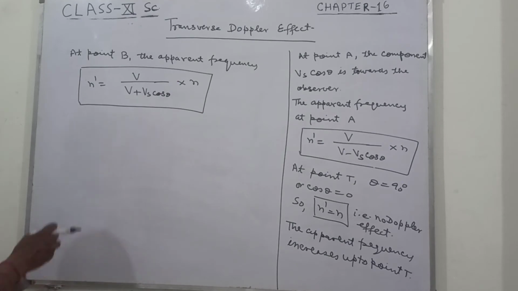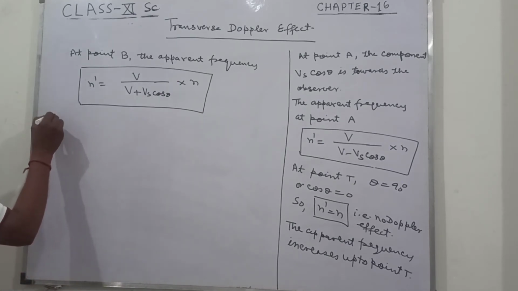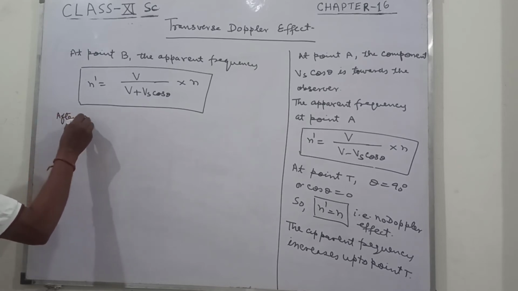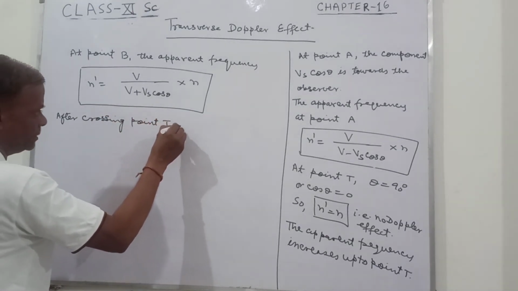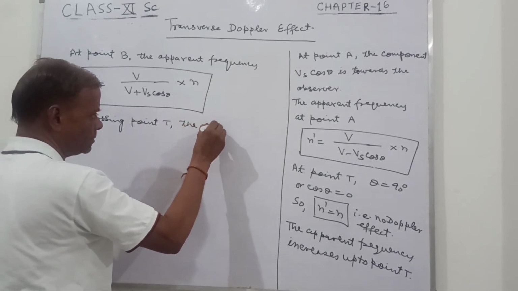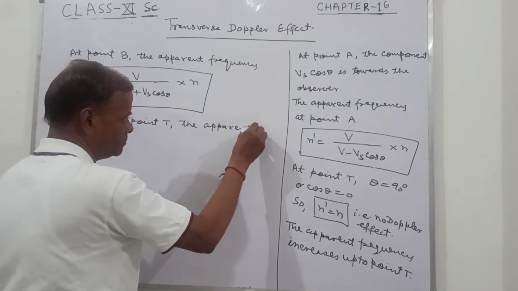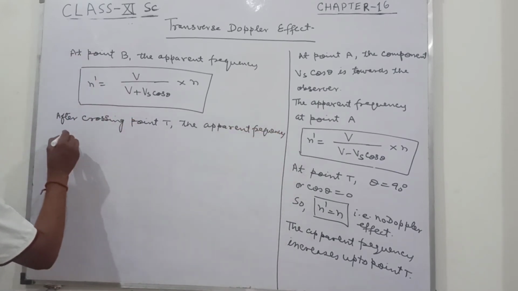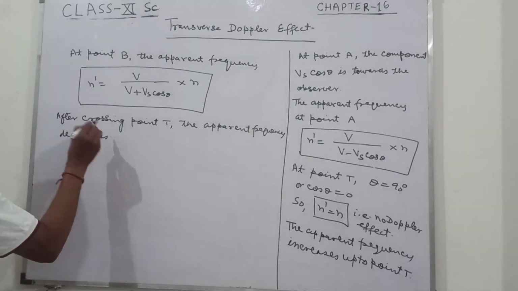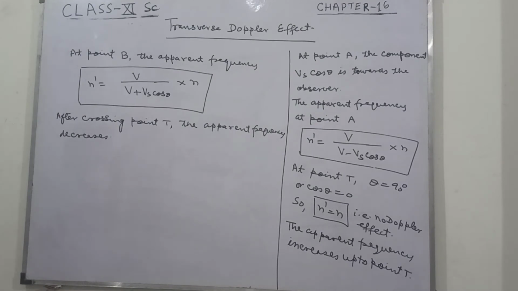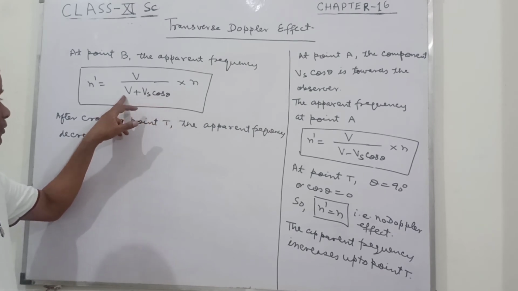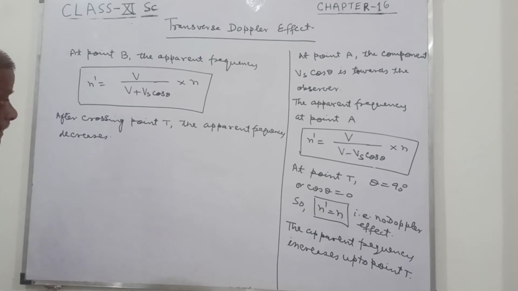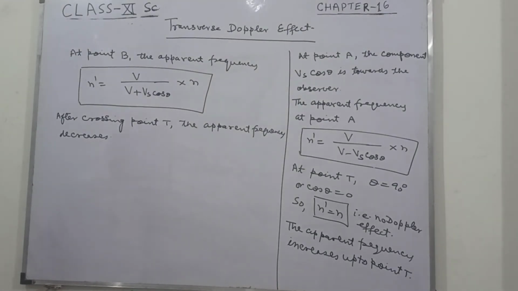So apparent frequency decreases after crossing point T. As theta goes to 180 degrees, this will be V minus Vs, meaning it is coming opposite. So this is the transverse Doppler effect.